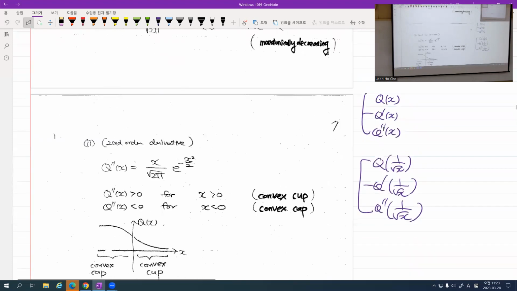And as I also mentioned, when I was a graduate student in your position, I had a problem that required the first and second order derivative of Q of 1 over square root x. And actually, that very simple math allowed me to publish my result in a very good journal.